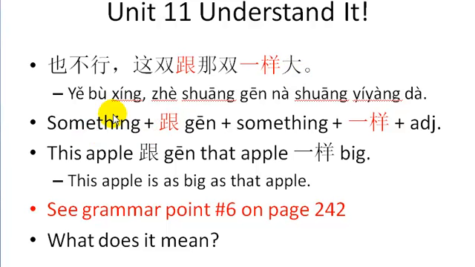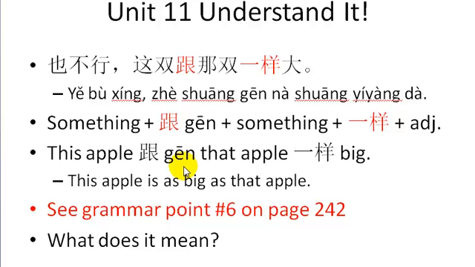So when you have something, and then 跟, and then something, and then 一样, and then an adjective, we come up with the construction, this is as blank as that. This is as big as that. This is as small as that.